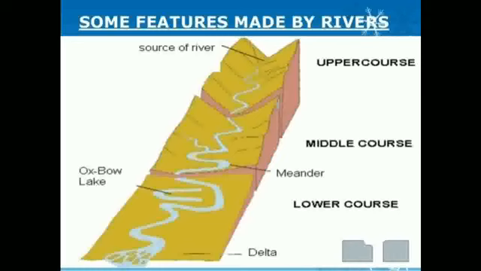In its upper course, a river makes certain features like waterfalls, V-shaped valleys, gorges, and canyons because of down cutting or erosion.